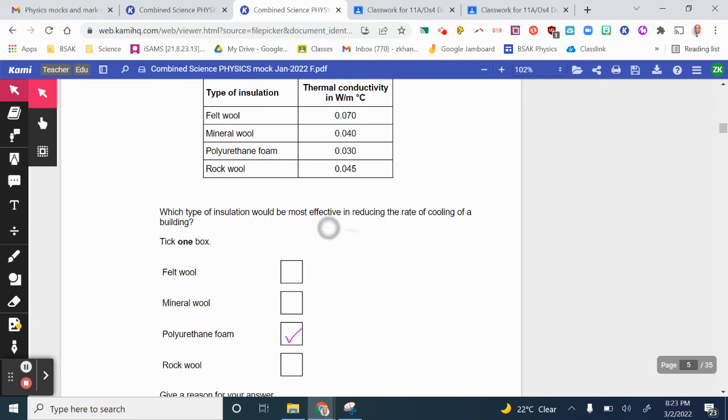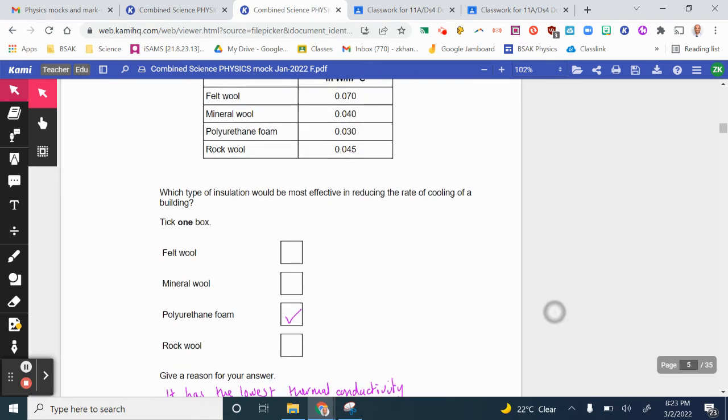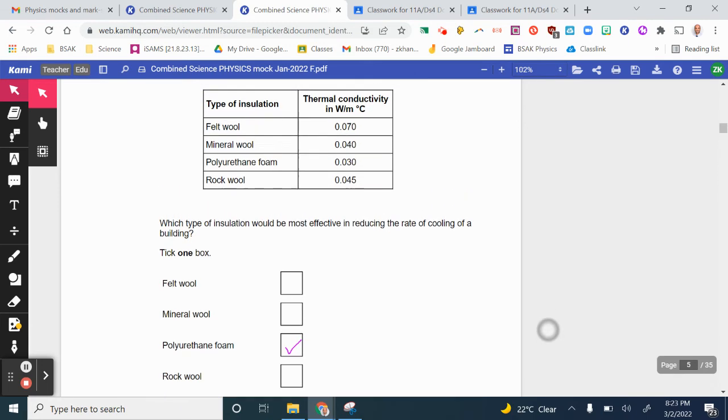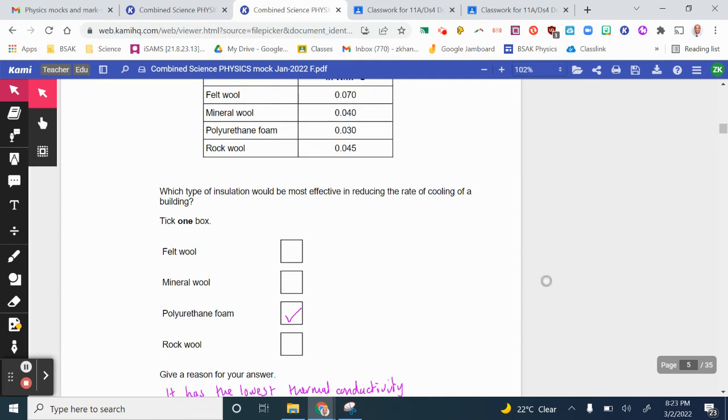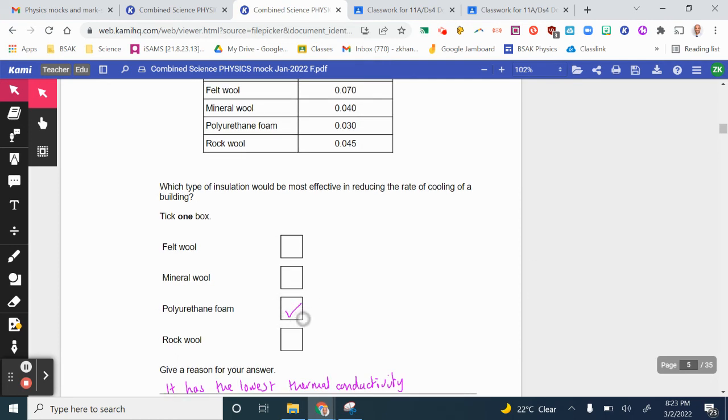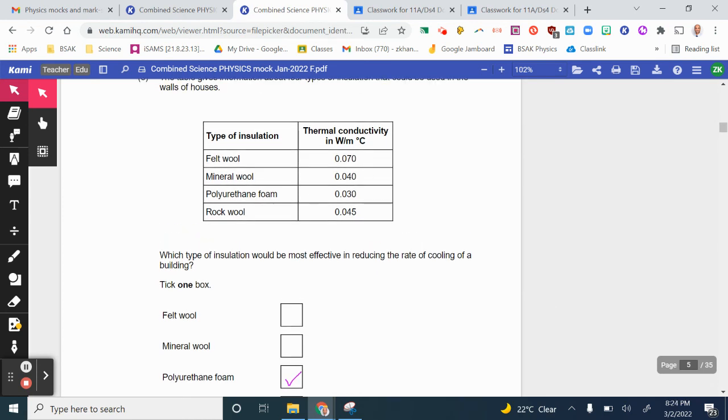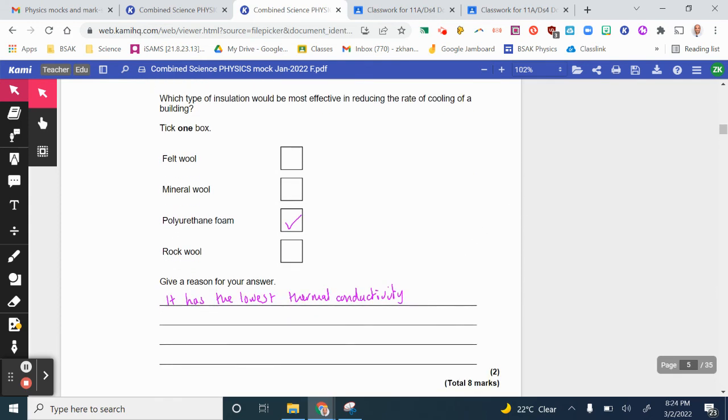Now, which type of insulation is most effective at reducing the rate of cooling? What we are doing is trying to keep the heat in and reduce the rate of heat loss. So as a result, we need to look for something that will let less heat through, so lower thermal conductivity, and polyurethane foam has the lowest thermal conductivity, and that's your reason.